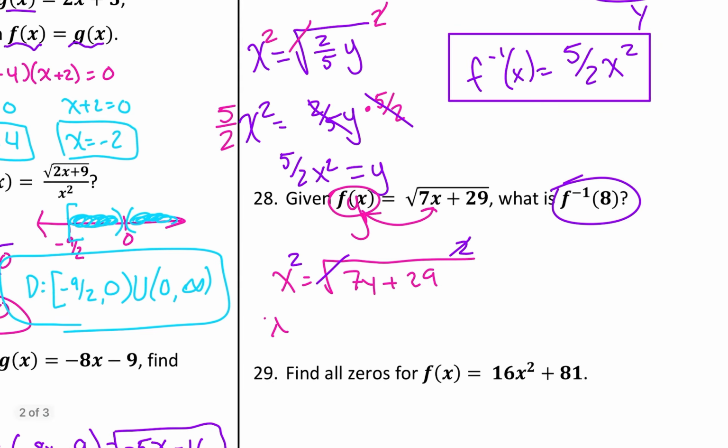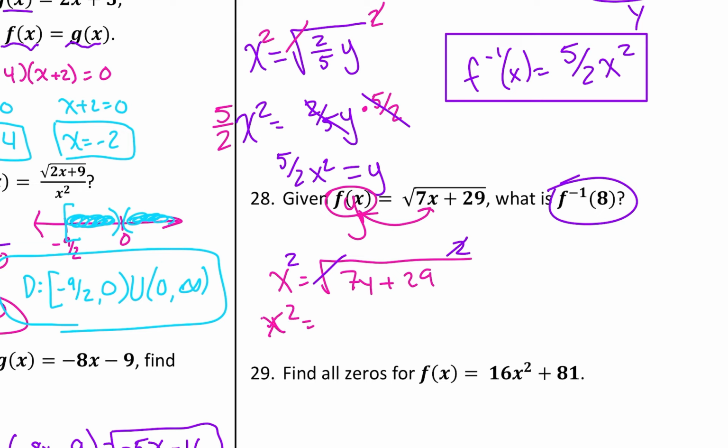So I get x squared equals 7y plus 29. And then we're going to need to subtract 29 here, subtract 29 here. Now that 29 doesn't have anything to subtract from, so we're just going to bring it over here and leave it like so. So x squared minus 29 equals 7y.